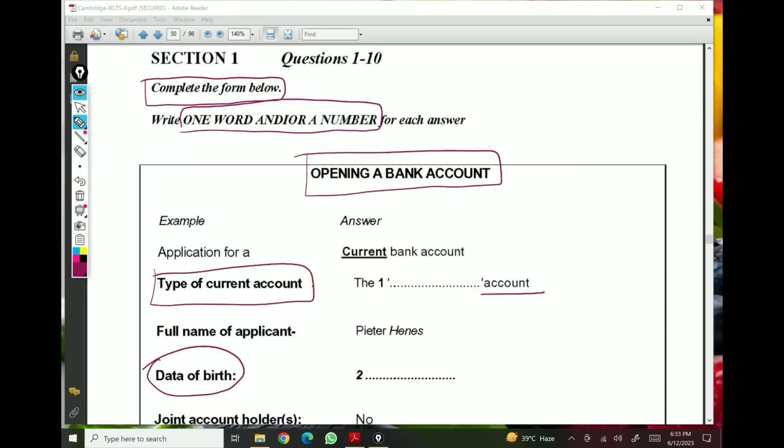Date of birth. Now, what's your date of birth? 10th November. Okay, so you know date of birth, and it may be year as well, right? So it can be 10th November 1942. Not yours 1942, but anyways, just joking.